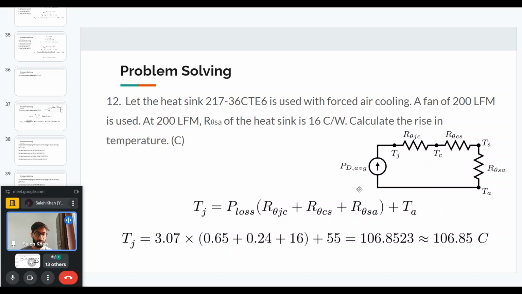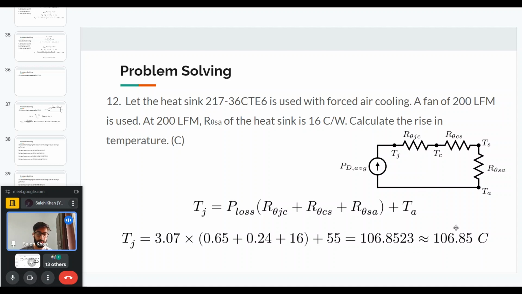So we saw previously for 30 centigrade per watt, the junction temperature would be 150 degrees. And if we reduce the thermal resistance to 16 from 30, then the junction temperature would be reduced from 150 degrees to around 100 degrees.